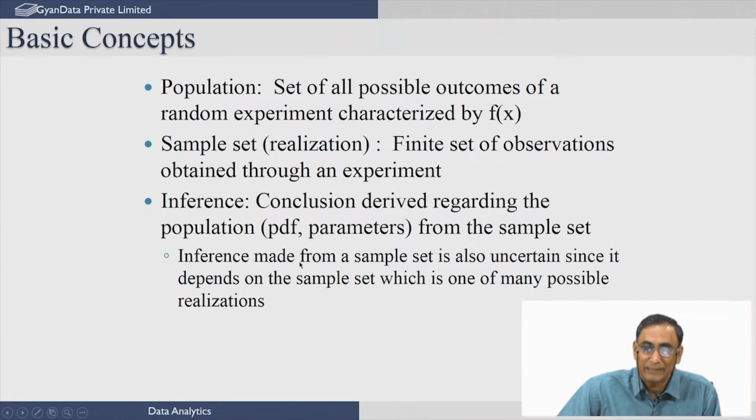So, you should expect that your inferences are also uncertain, and therefore, when you provide the answers, you should also provide the confidence interval associated with the estimates that you are deriving. So, that is one of the reasons that we studied probability density functions, because then you can characterize all the estimates that you have obtained from the sample in terms of this confidence interval and so on, or the probability that you will obtain this value.